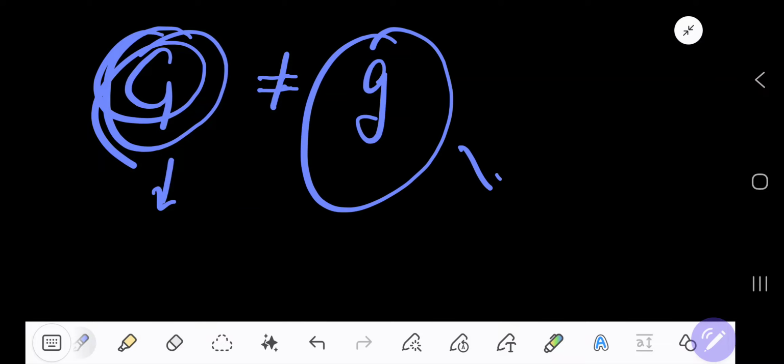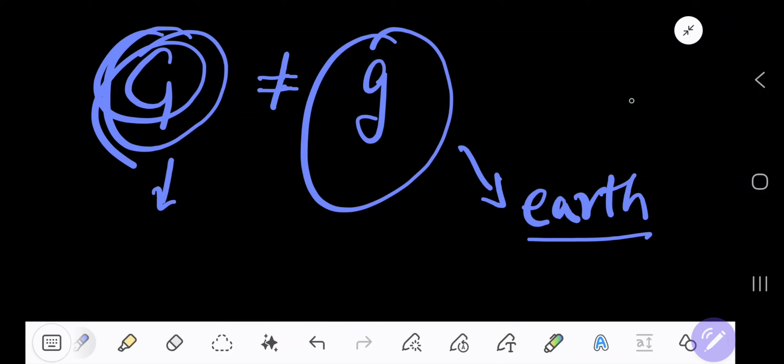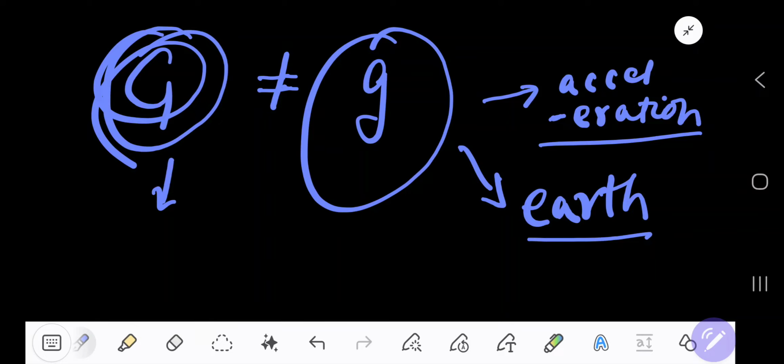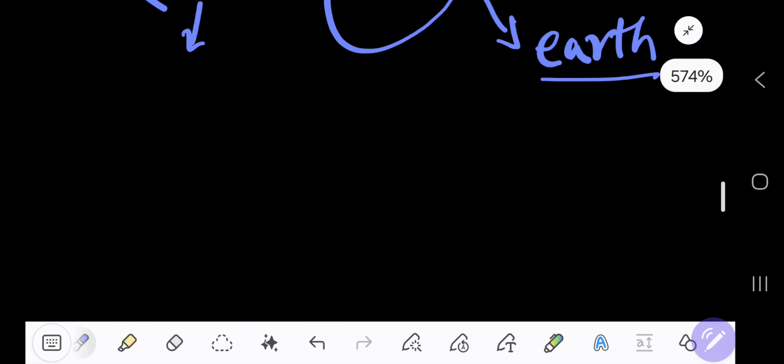Acceleration due to gravity, which is just for earth, by the way, the 9.8 value, was derived as an acceleration due to gravity. So g is not gravity.